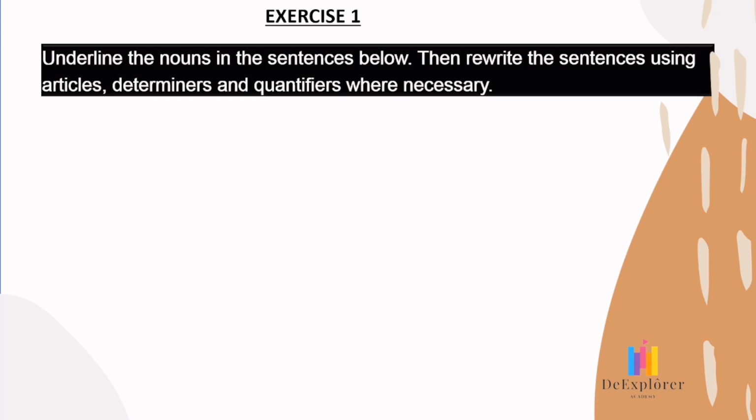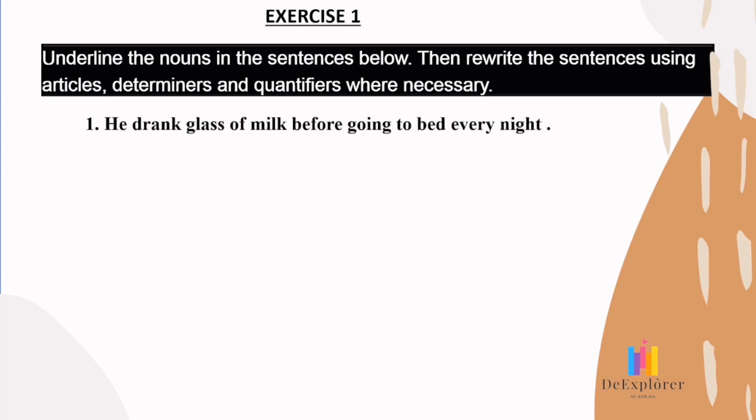Exercise 1. Underline the nouns in the sentences below. Then rewrite the sentences using articles, determiners, and quantifiers where necessary. Let me give you one example. Copy the sentence first: He drank a glass of milk before going to bed every night.